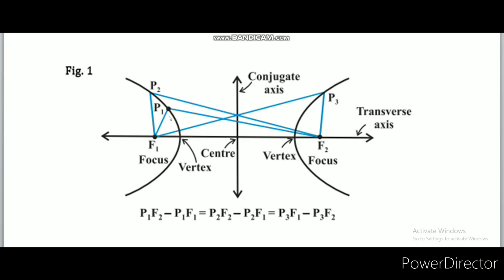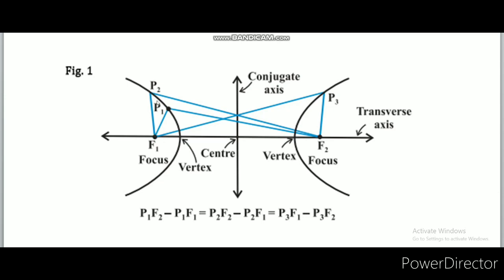So this is one of the images that we can discuss. Whenever I project, for example, focus 1 to point 1 and focus 2 to the same point, the difference between D2 and D1 will be the same as if I project focus 1 to point 2 and focus 2 to point 2.